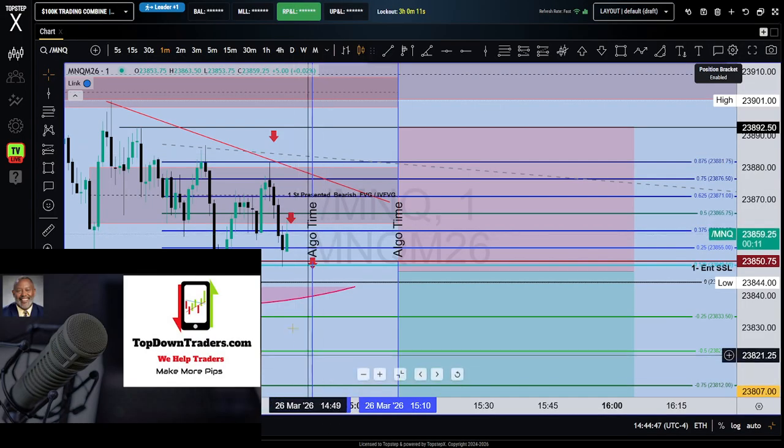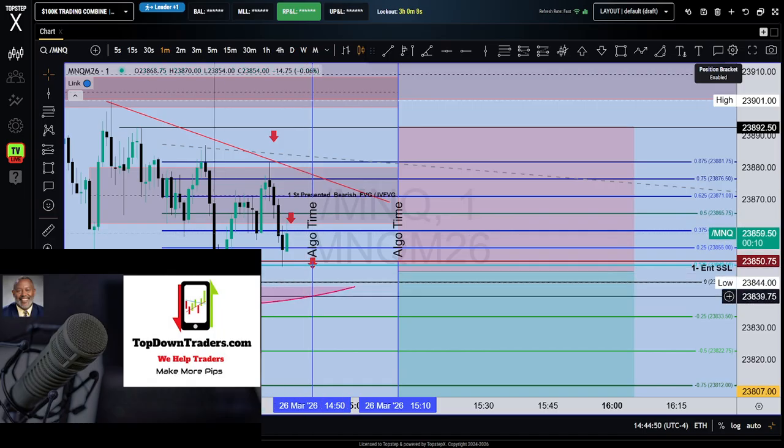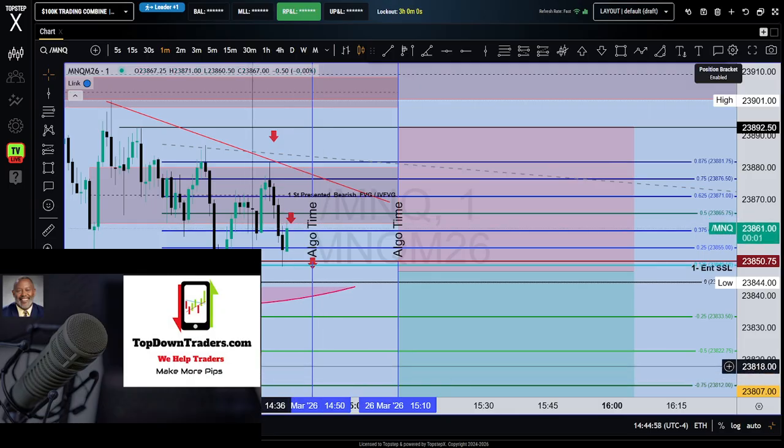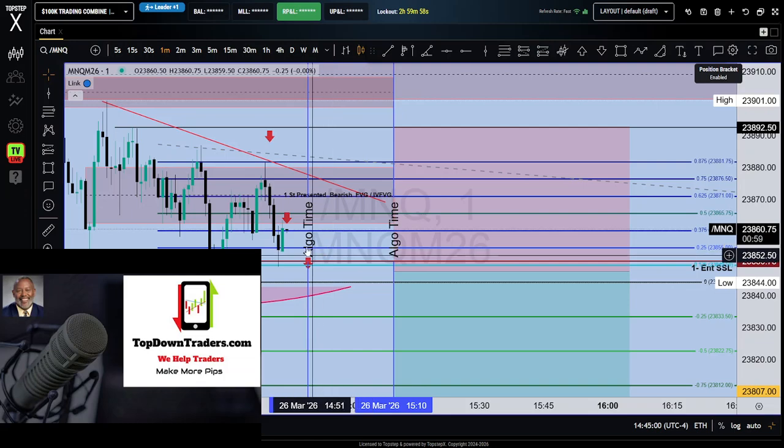Or it may say, run lower, take out these stops, pull back, and then continue to the downside. And you can find out what the macro says and what it does if you just monitor within these two time periods.